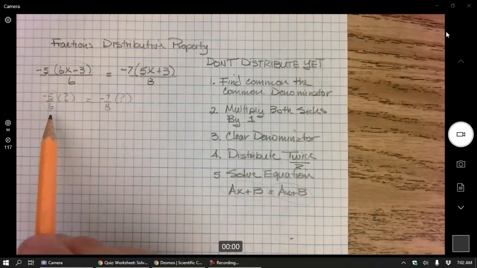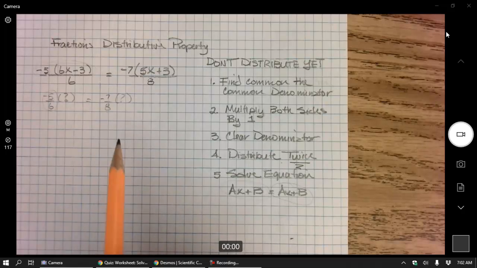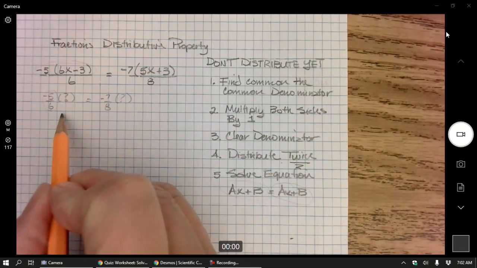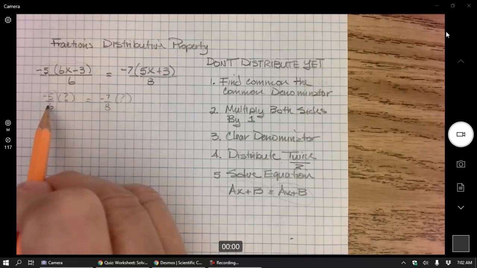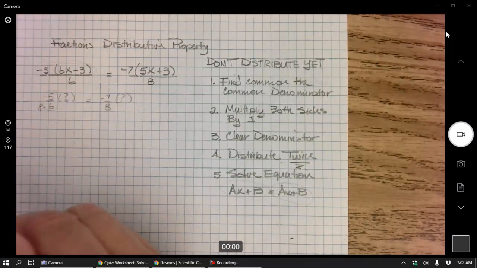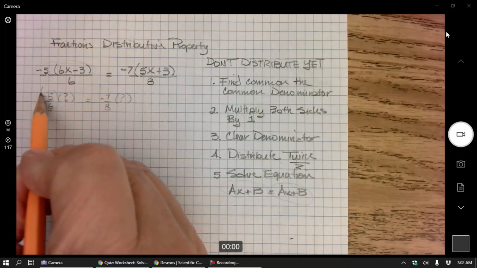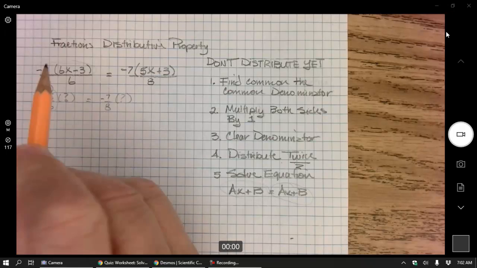So you can see right here that our common denominator is going to be 48. All right, and so that's what we're going to be doing. We're going to write this a little bit differently. So you can see on this side I need to multiply by 8 on the bottom. And then I'm going to write this up here, 8 on top.